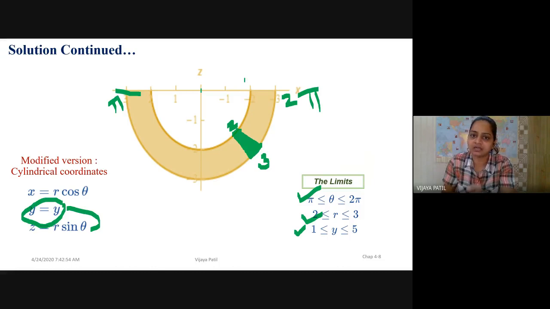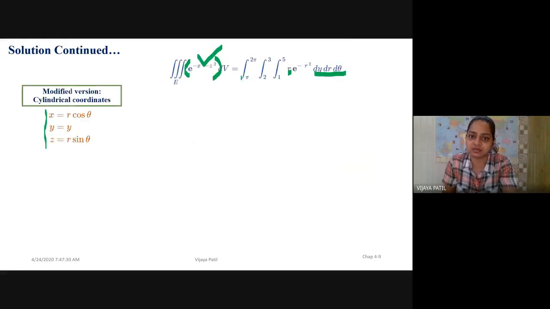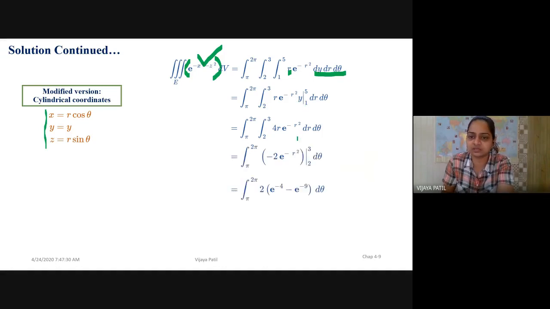Therefore, r square here is nothing but x square plus z square. Remember, it's not x square plus y square. So it's x square plus z square, and accordingly we are replacing it here. So e to the power minus x square minus z square is e to the power minus r square.